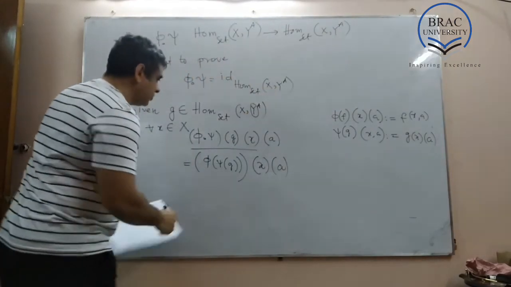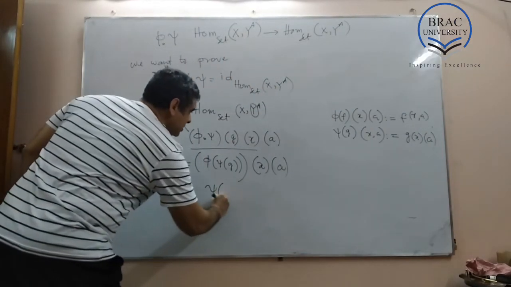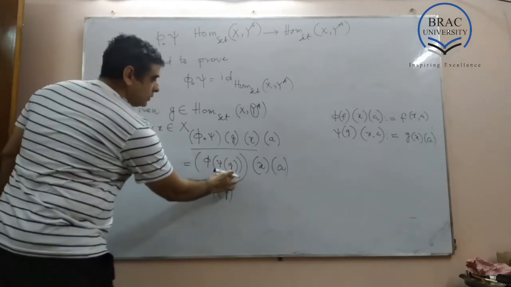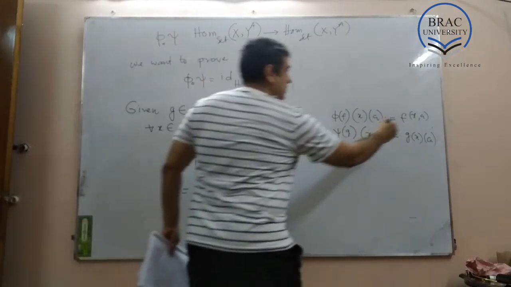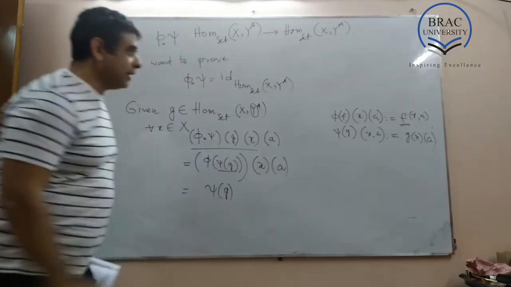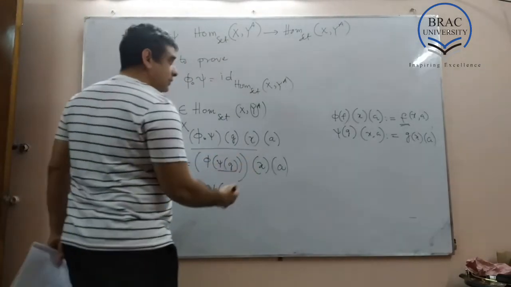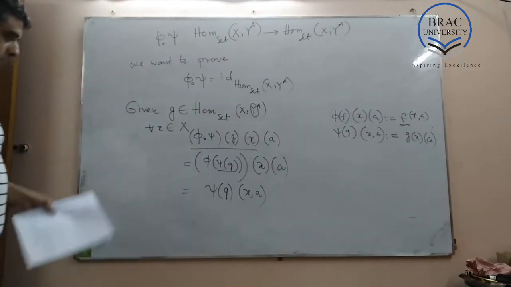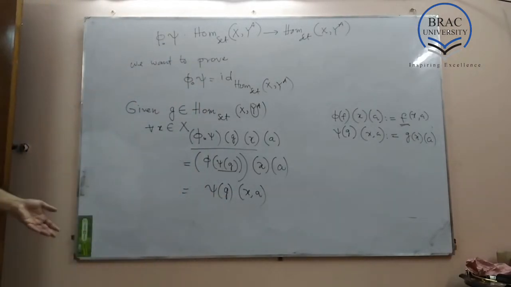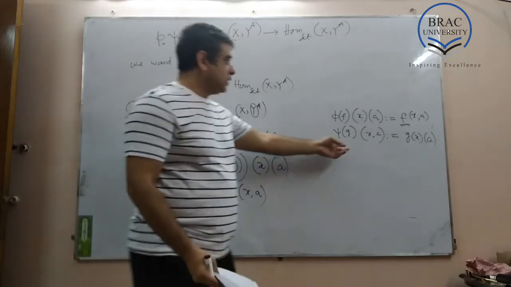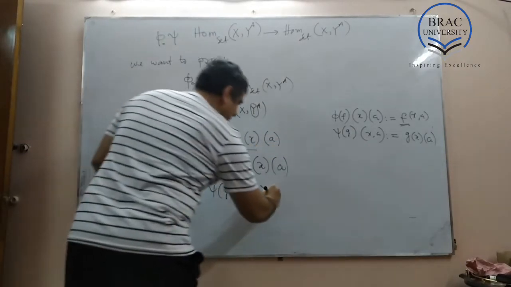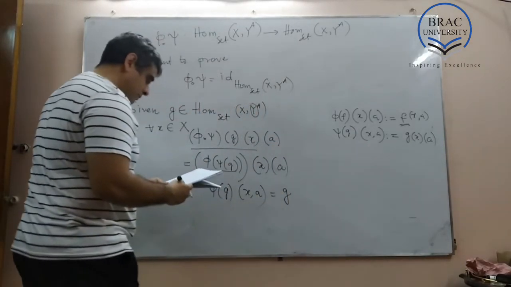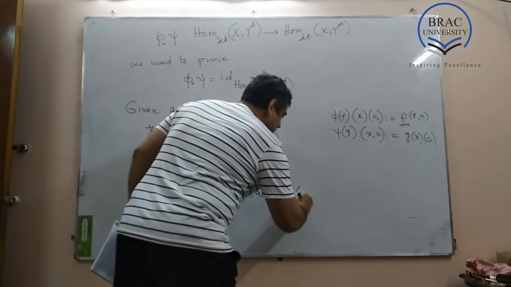And we are expected to have psi g. This psi g is playing the role of f there, and this acts on the ordered pair of x and a. And now, by the definition of psi, we see that this is nothing but g of x of a.